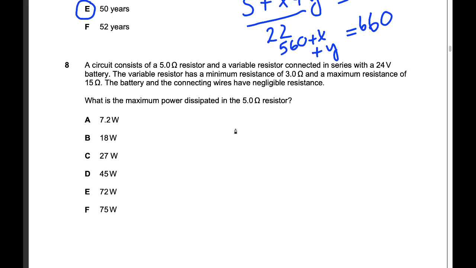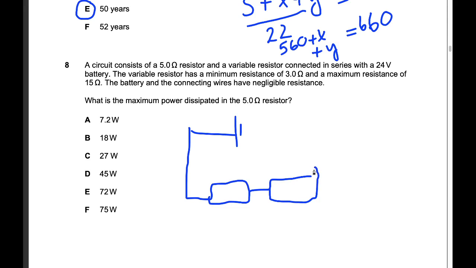So I'm just going to draw a quick diagram for this here. So it looks something like this. Oops, sorry about that.